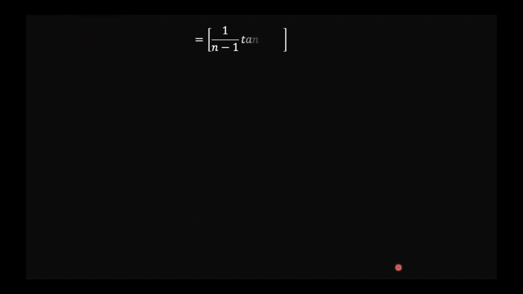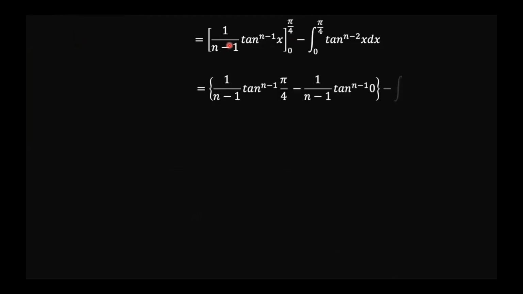Essentially, substituting the limits into that first component: tan to the power n minus 1 of pi over 4, tan of pi over 4 is 1, and 1 to the power n minus 1 is 1. Then tan of 0 is 0, and 0 to the power n minus 1 is 0. So we're left with just 1 over n minus 1.